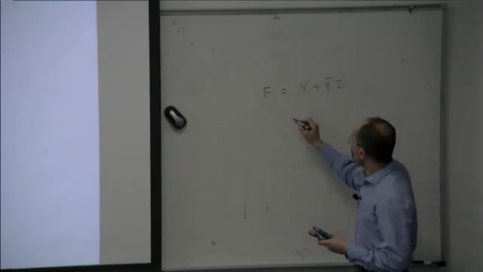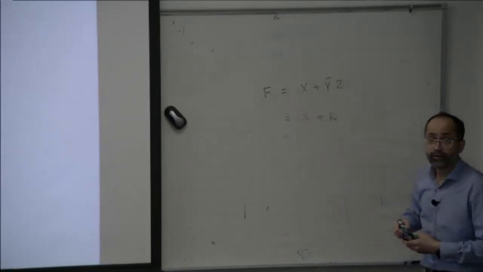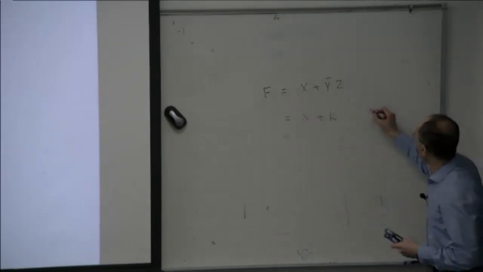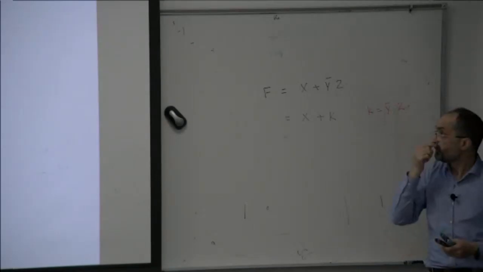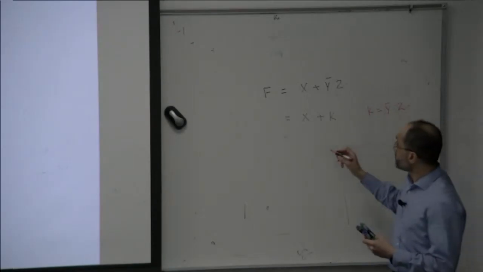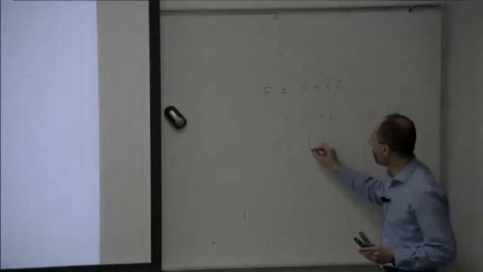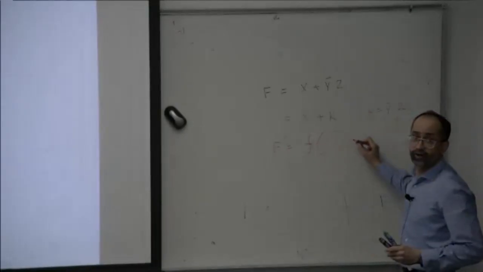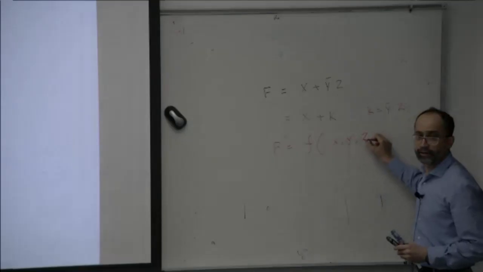Now can we write something like this, x plus k? Now what is k? So k is y bar z. Now if you look at this, f is a function of 3 variables. So what is f? F is a function of what? X, y, and z.